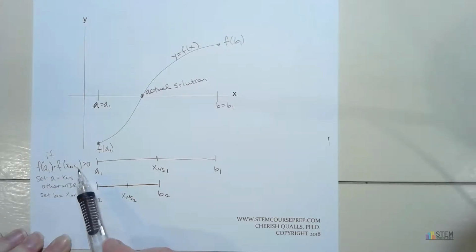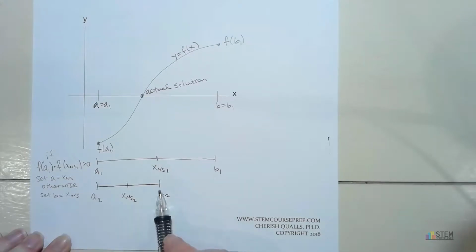That means we're going to set B equal to the numerical solution. See where I moved the ending of the interval? Now it stops at the numerical solution, and we start at A2. So that's how I picked this left-hand side.